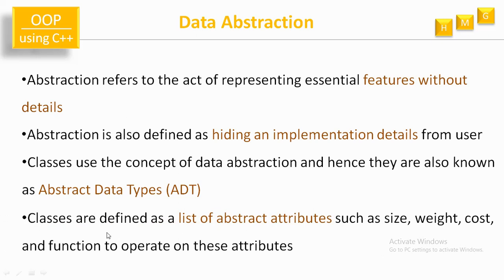Classes are defined as a list of abstract attributes such as size, weight, cost. These are the data, and the functions operate on these attributes. For that, the functions may find the area of a particular shape, or find the total cost of n number of items.